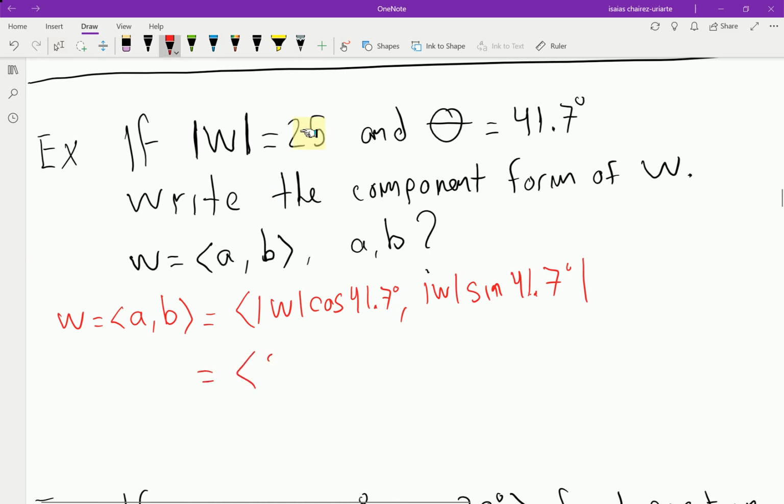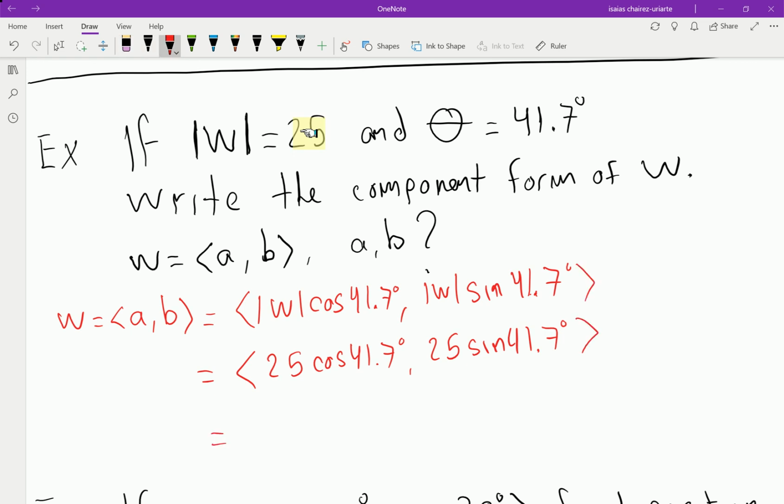So 25 cosine 41.7, comma, 25 sine 41.7. And this is supposed to be, all right, I need my calculator for this.